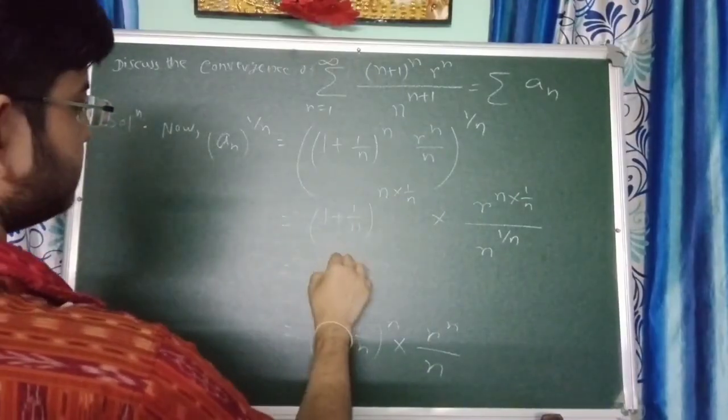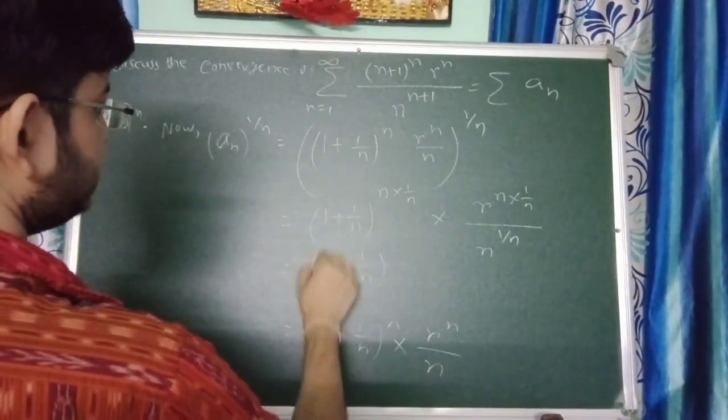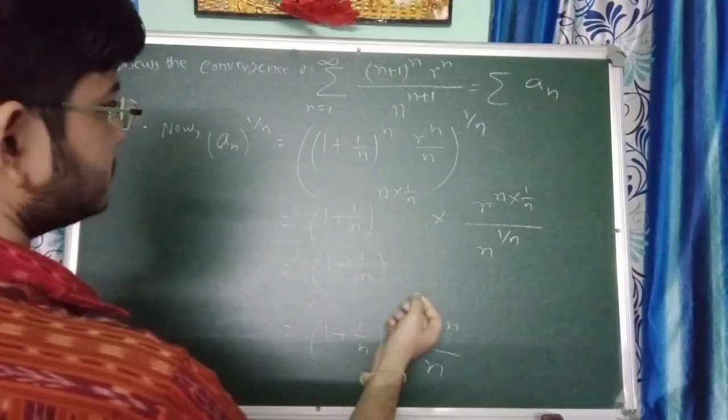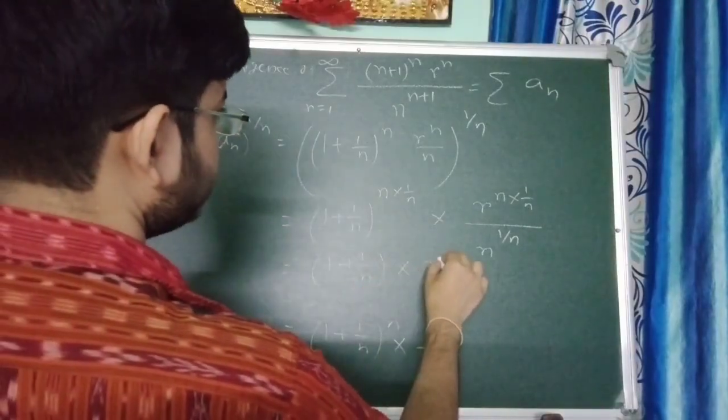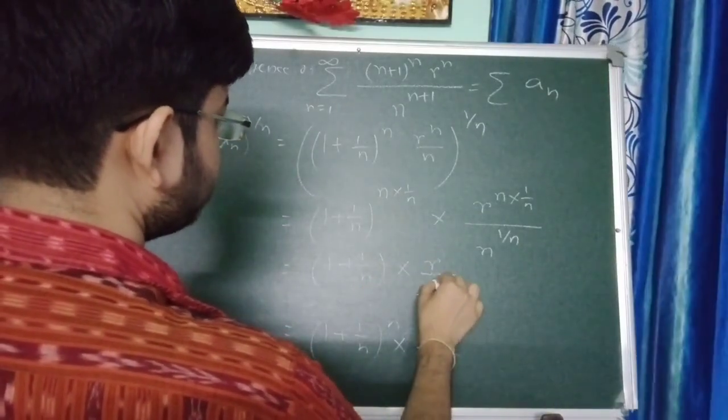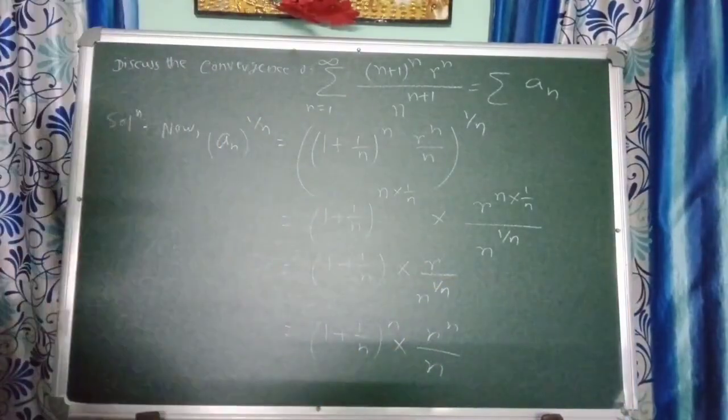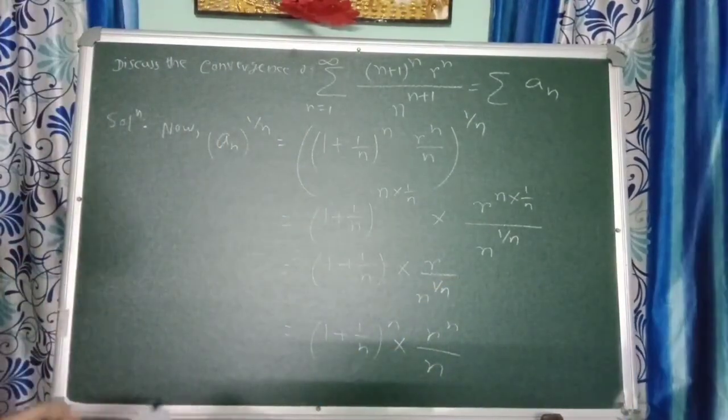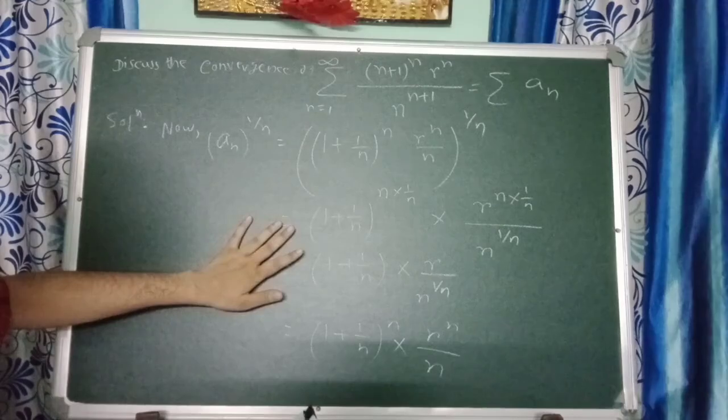This expression becomes (1 plus 1 by n) to the power 1 same, and here r divided by n to the power 1 by n. This is the final expression.